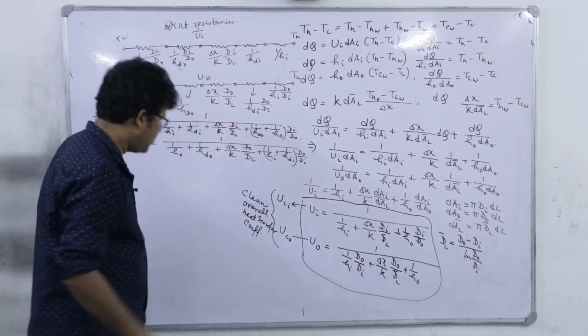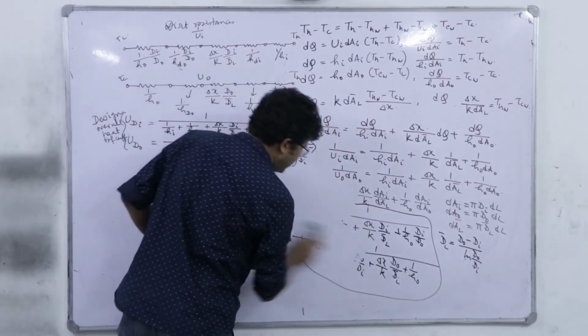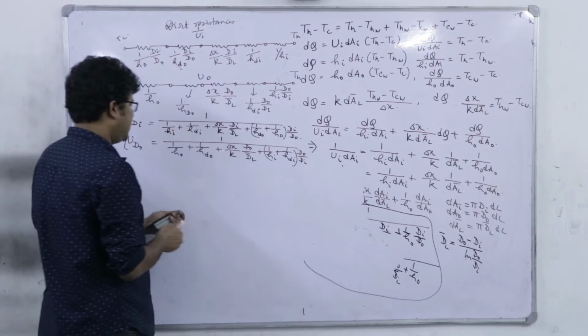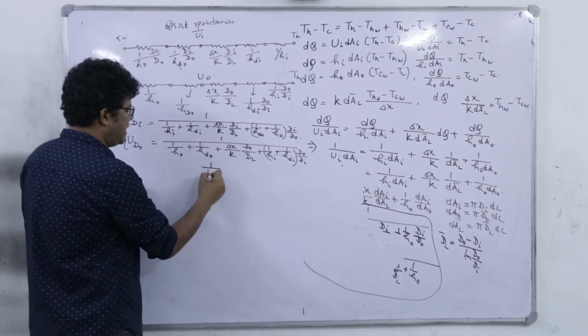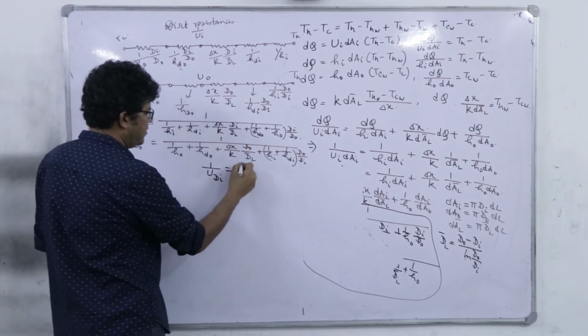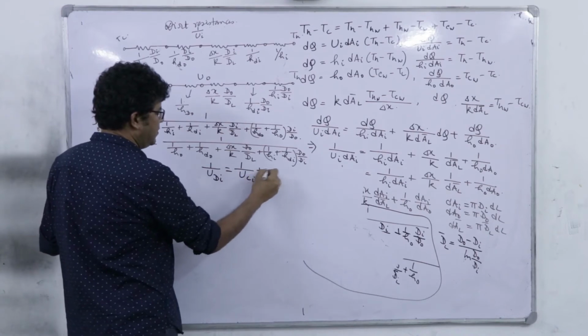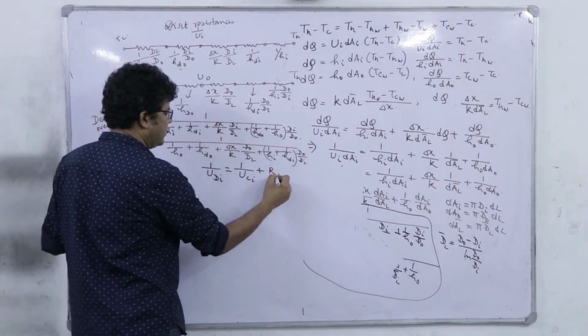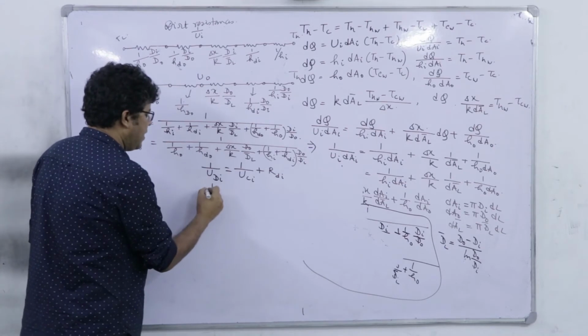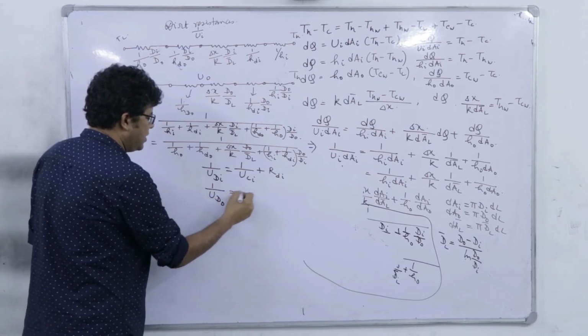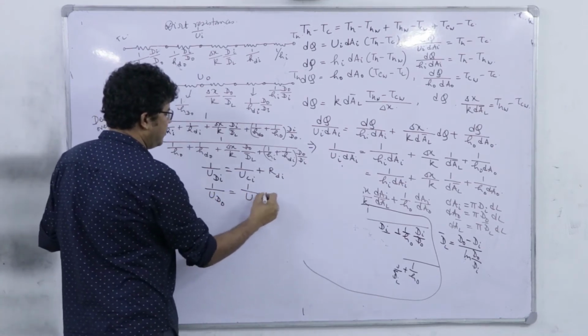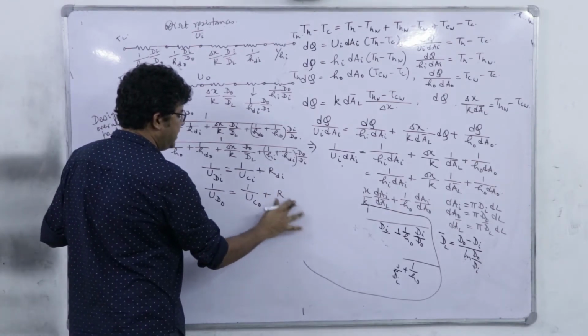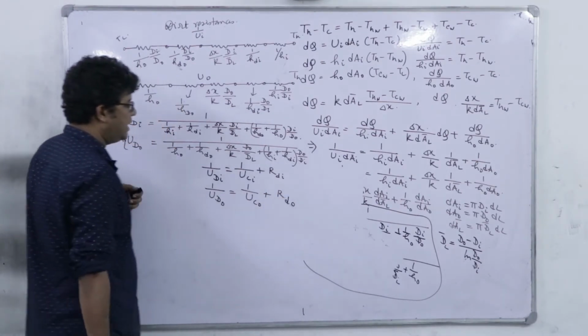So what is important here to note is that 1 by UDI is equal to 1 by UCI plus RDI, that is also an alternative representation, and 1 by UDO is equal to 1 by UCO plus RDO, sorry, not CO, RDO.